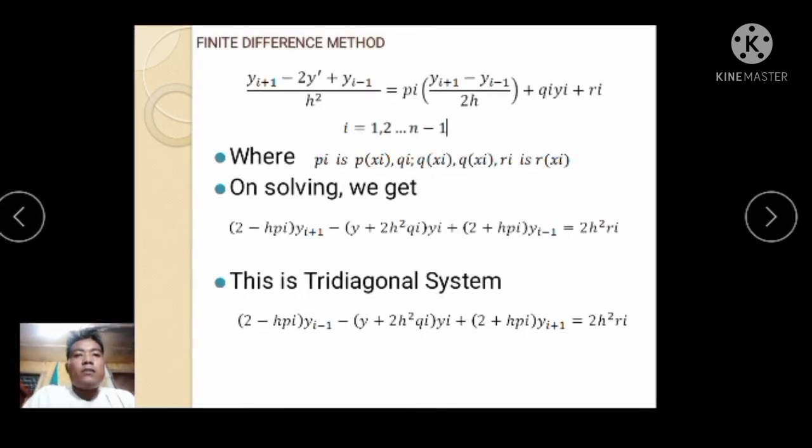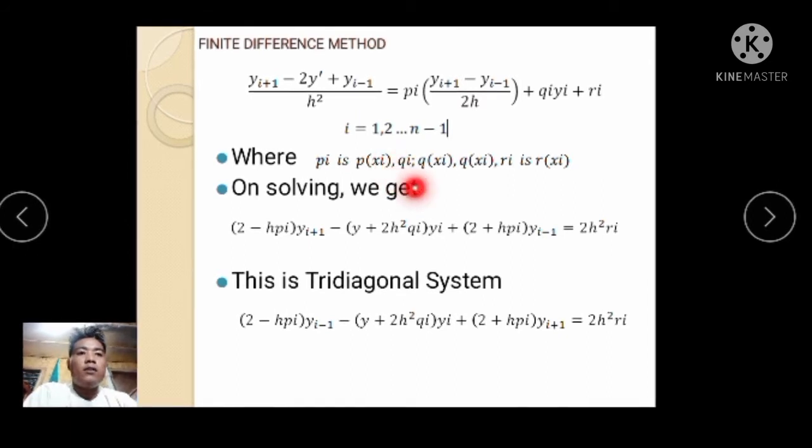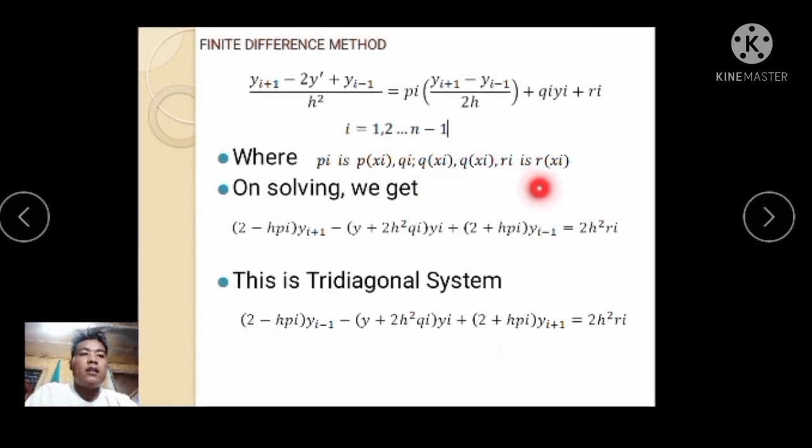For the next, where p sub i is p of x sub i, q sub i is q of x sub i, and r sub i is r of x sub i.